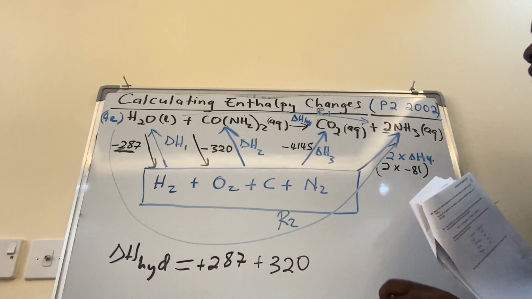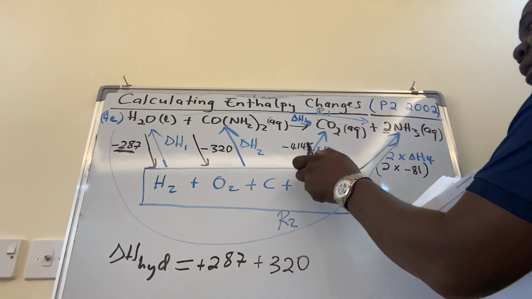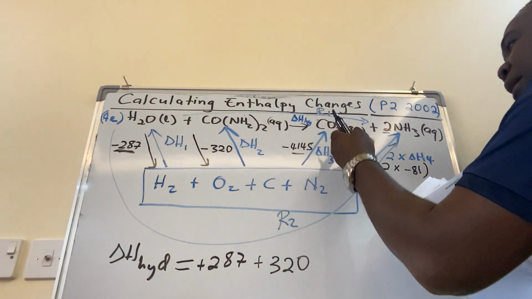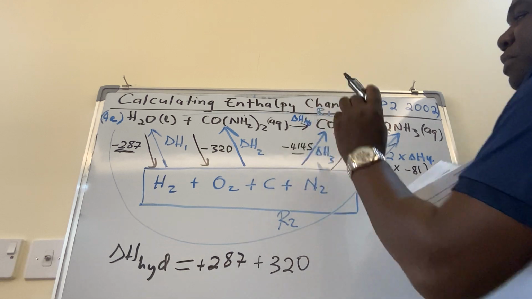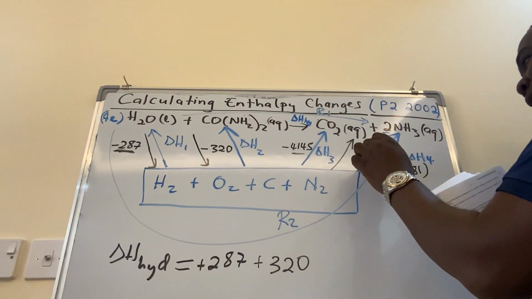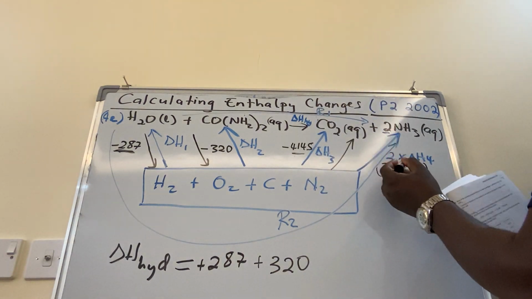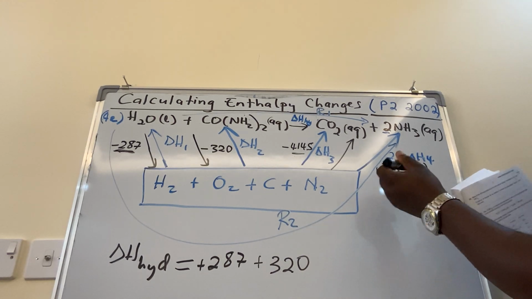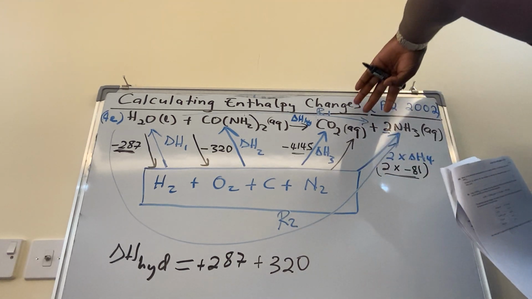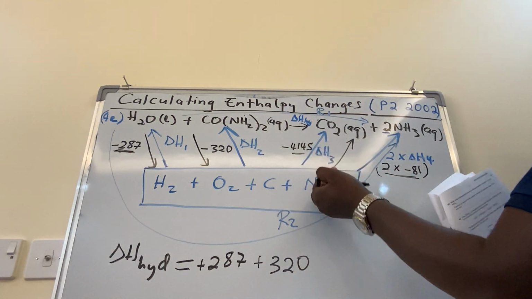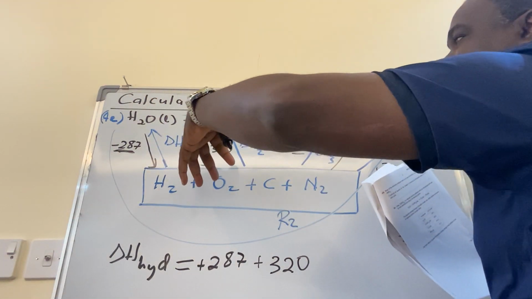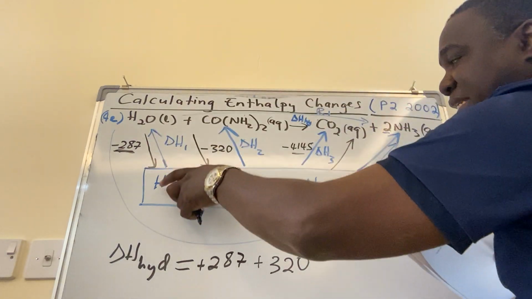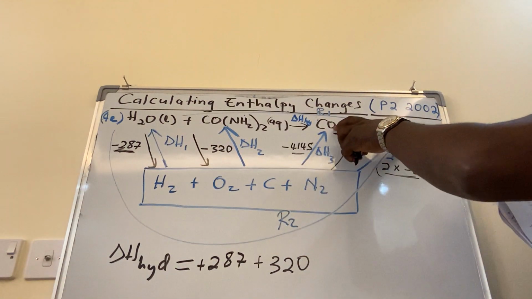Now here, this value, I'm going up, so I'm going in the direction of this value and I'm not going to change the sign. Also here, I'm going in the direction of this value, so I am not going to oppose. If we're going down, we change the sign, but here we are going up. On this side, we're going down because we want to move from this side and then go to that side.